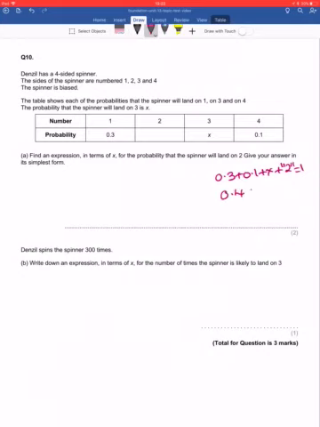So whatever 2 is must be 1 minus 0.4 minus x, which tidies up to 0.6 minus x. So I'm going to put 0.6 minus x in there.